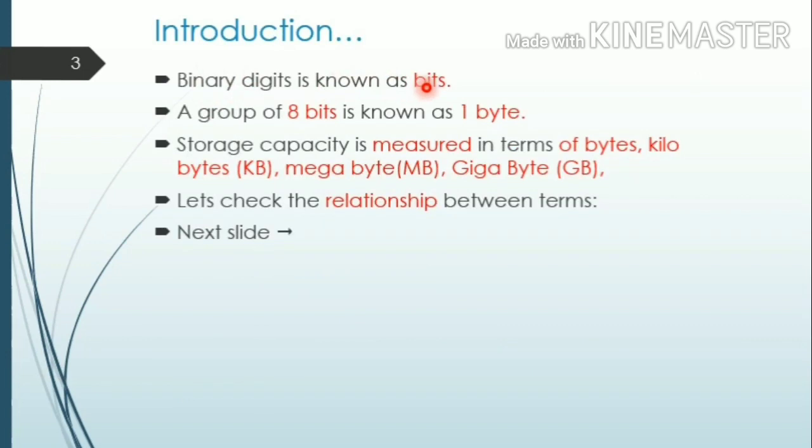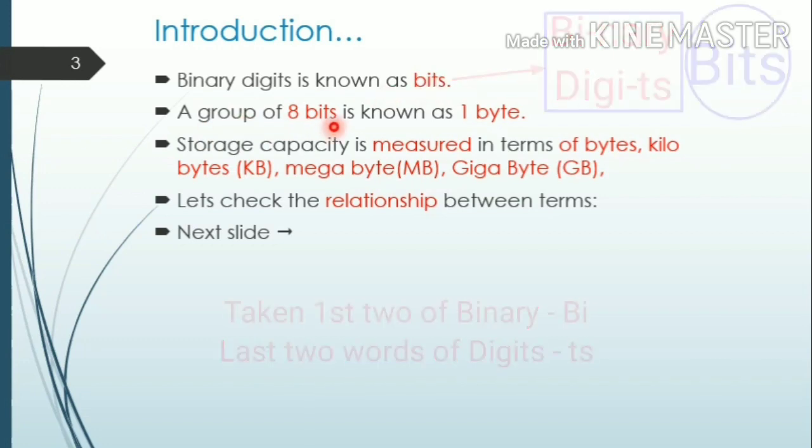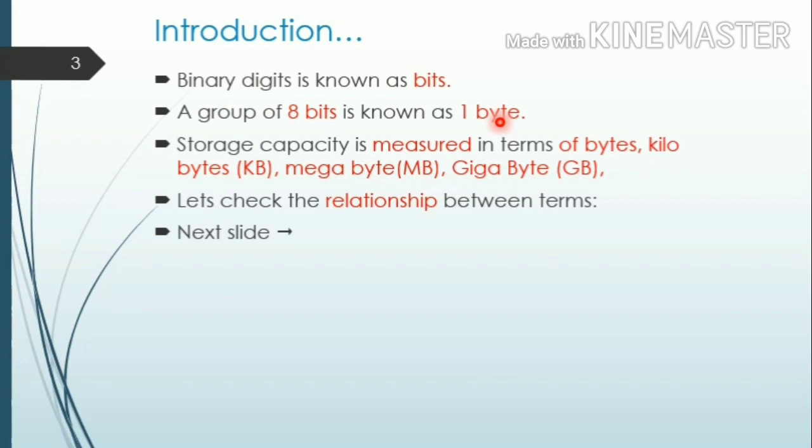Binary digits are known as bits, and a group of 8 bits is known as 1 byte. Storage capacity is measured in bytes, kilobytes (KB), megabytes (MB), and gigabytes (GB). GB you are familiar with, because you always get net data in GB.